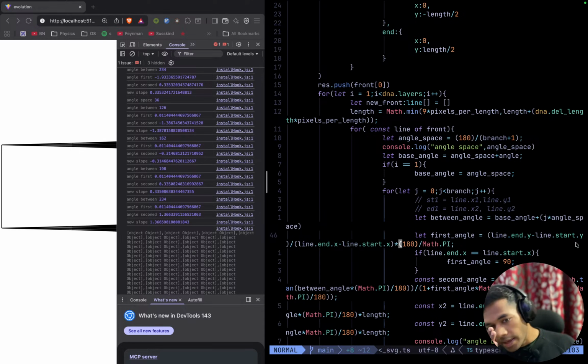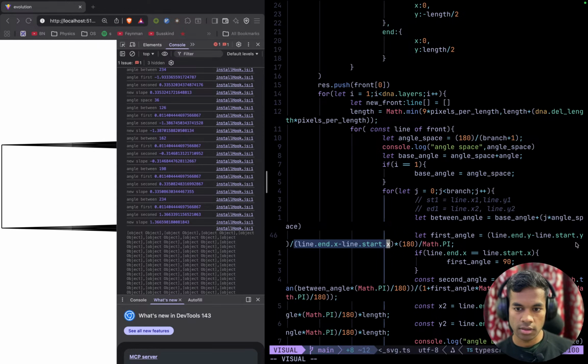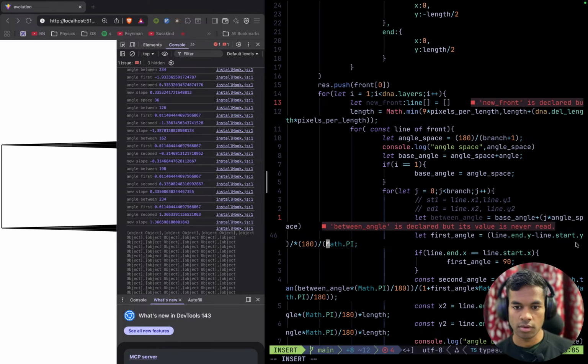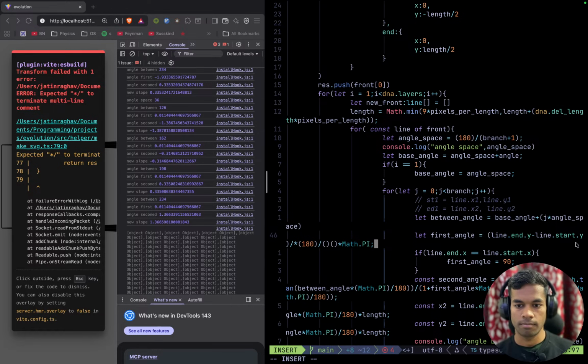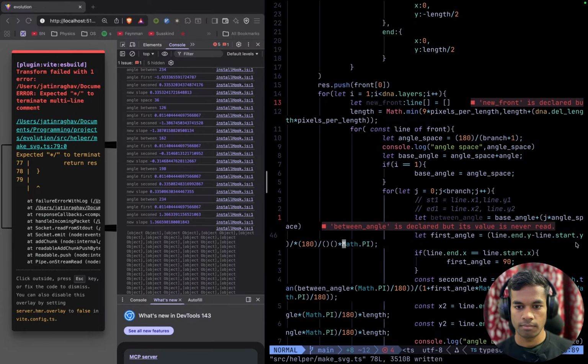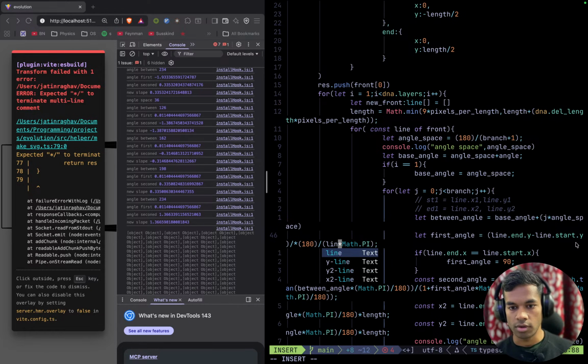Line dot end dot x minus line dot start dot x. Let's take all the things with which we want to divide at one point, and here we should have line dot end dot x minus line dot start dot x.